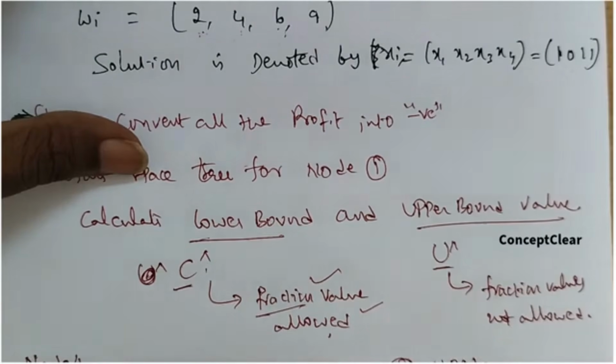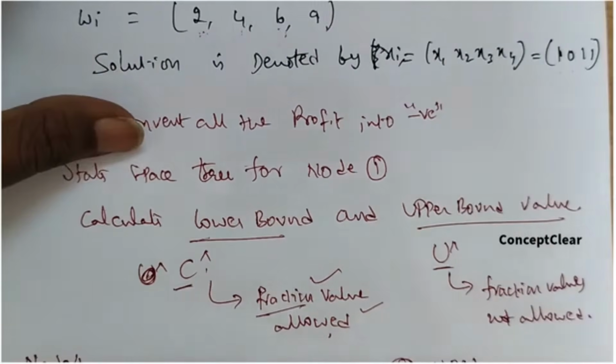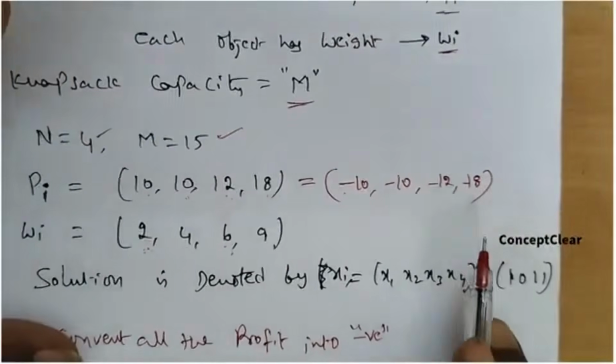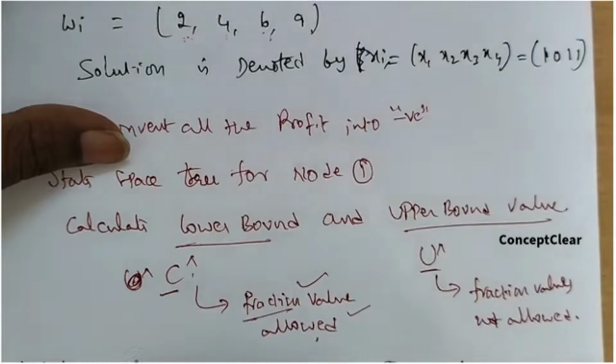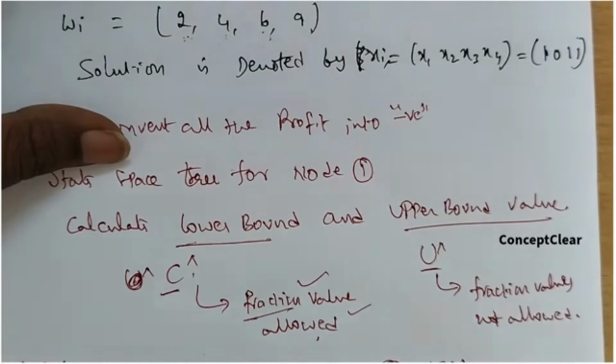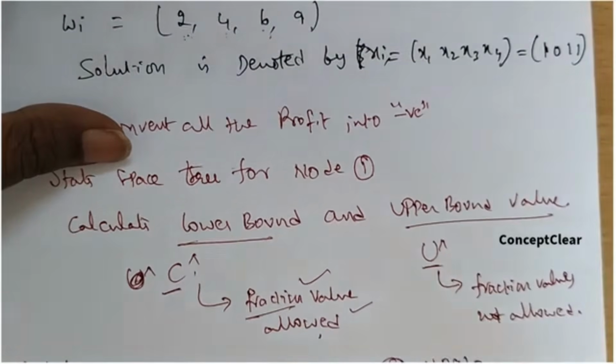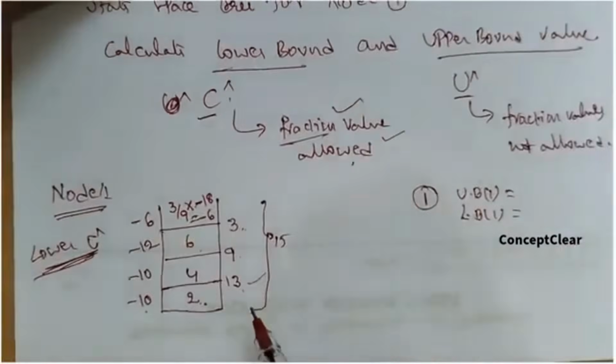Remaining capacity by total capacity, into the value 18. That means, if you calculate, this is minus 6. So the profit here is minus 6. Did you understand this?